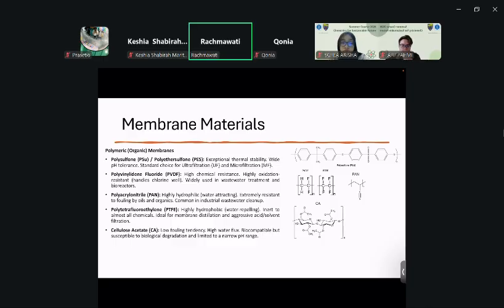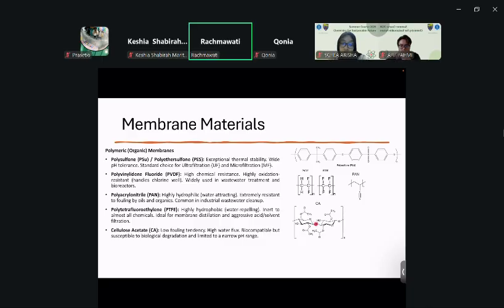It's a biodegradable polymer with a low fouling tendency, high water flux due to the hydrophilic structure, and it's biocompatible, but it is susceptible to biological degradation because of the structure.